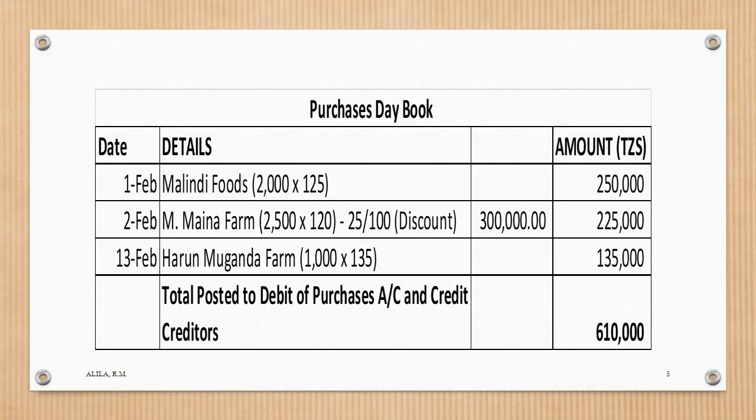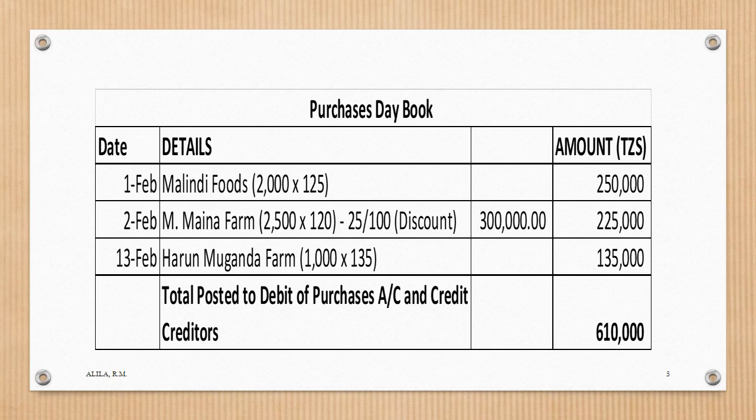So this gives us 225,000. On 13 February, we bought from Harun Muganda 1,000 bunches of banana at 135. So this gives us 135,000. This total is what will be transferred to the Purchases account.